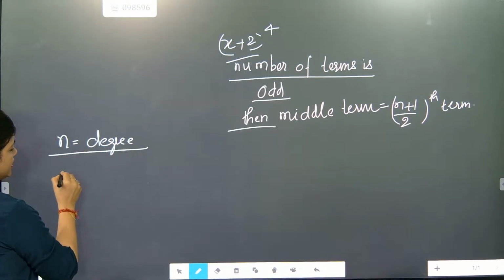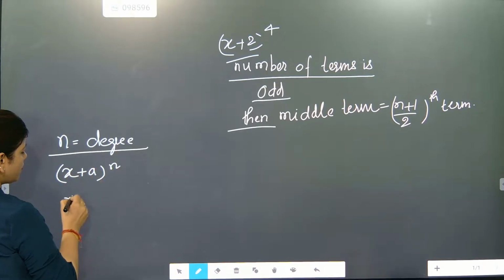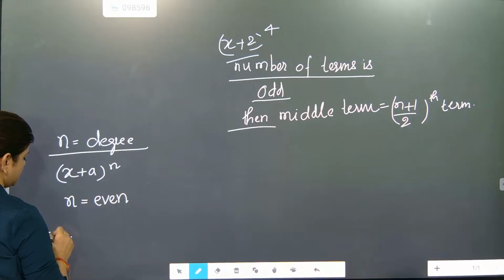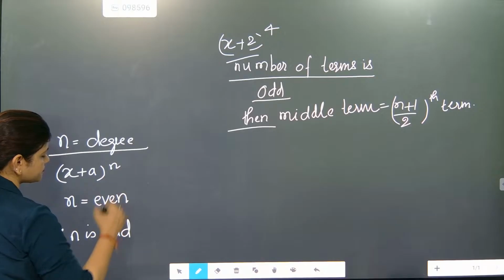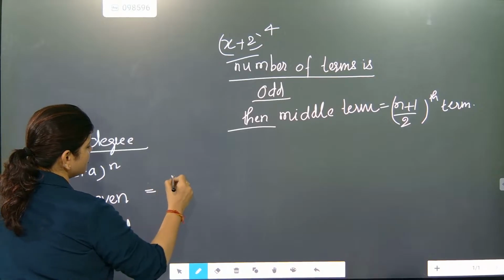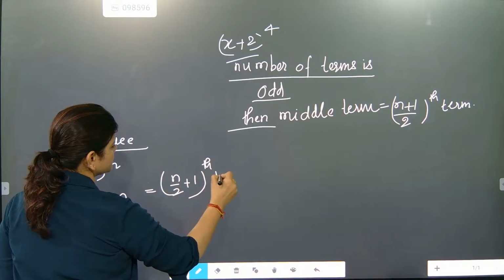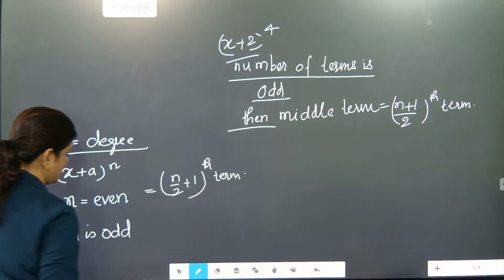When n is the degree, like (x + a) to the power n. Now n is exactly coming as even, or n is odd. When n will be even, then n/2 + 1 becomes the middle term. Got it?